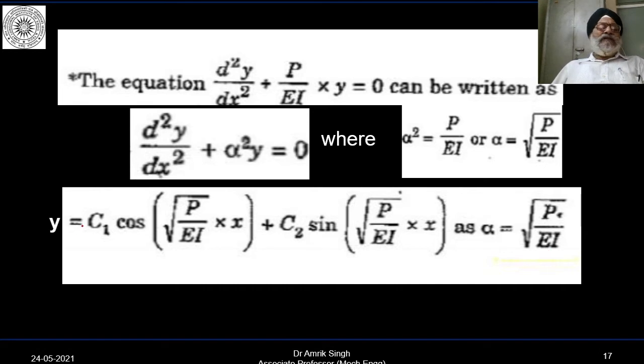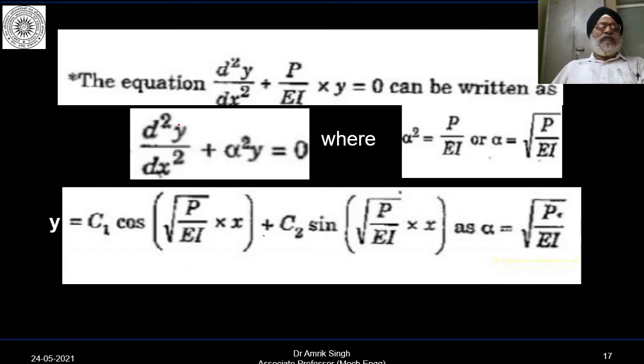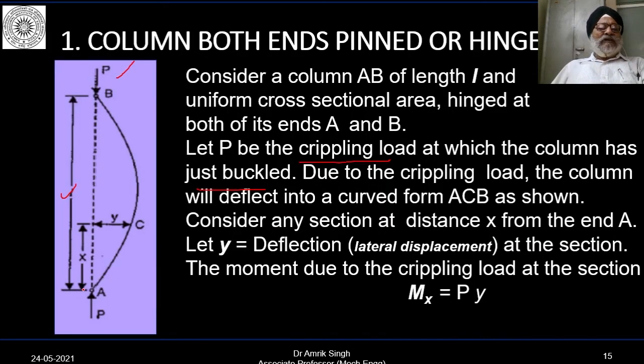Now C1 and C2 are the constants of integration, and we can find these constants by putting in the end conditions. The values of C1 and C2 can be obtained. At the first condition, at A, we know x is equal to 0 and y is also 0.